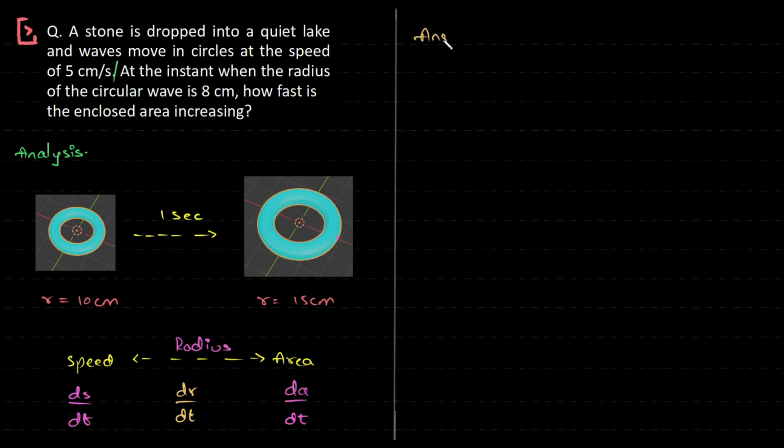Now let's start with the given. We have been given dr by dt as 5 centimeter per second. We need to figure out dA by dt when the radius is 8 centimeter.